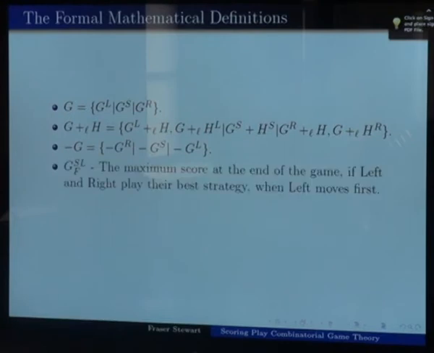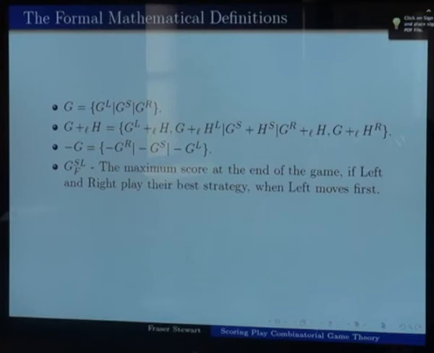The other thing we need: if you remember when I talked about outcome classes, what we're really interested in is optimal play, so who wins if they play the best strategy. For scoring games this is slightly different, because moving last, as I said, is not relevant anymore. So I defined this new number, GSLF, which means the final score when left moves first.